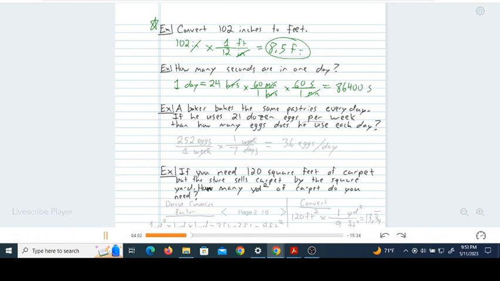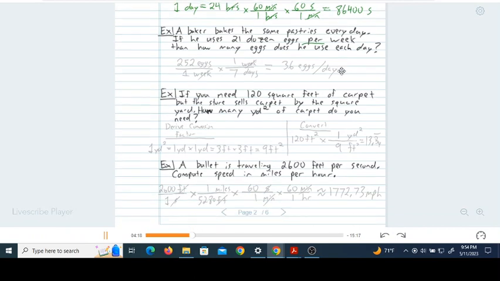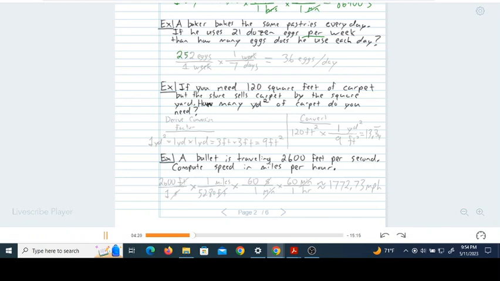So let's look at another conversion factor problem. A baker bakes the same pastries every day. If he uses 21 dozen eggs per week, then how many eggs does he use each day? So the word per implies division. So 21 dozen, that's 21 times 12, which is 252. So he's using 252 eggs per every 1 week.